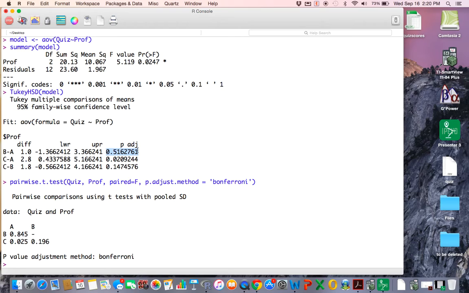You can also see that there's not as much difference between comparing C and B as there is with comparing A and B. This is where things get tricky. Both of these are acceptable ways to conduct post hoc analysis. Notice that the p-value isn't much different when we have statistical significance between A and C.